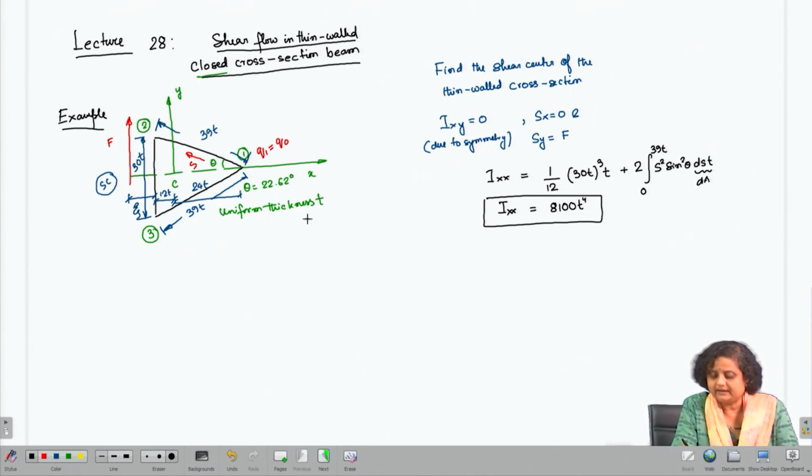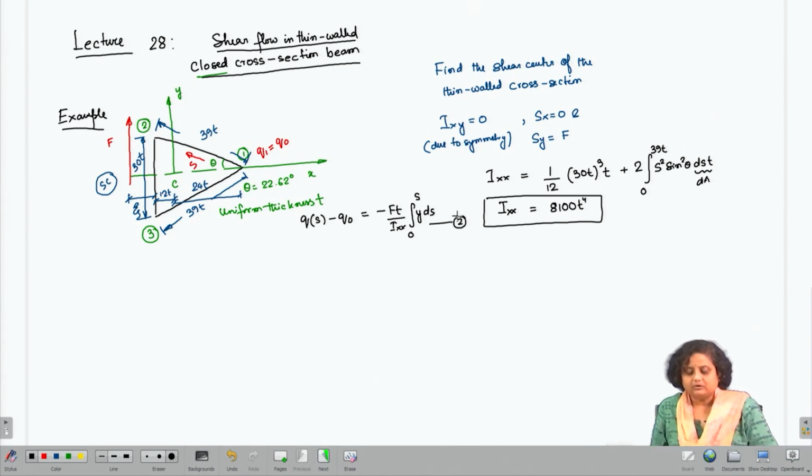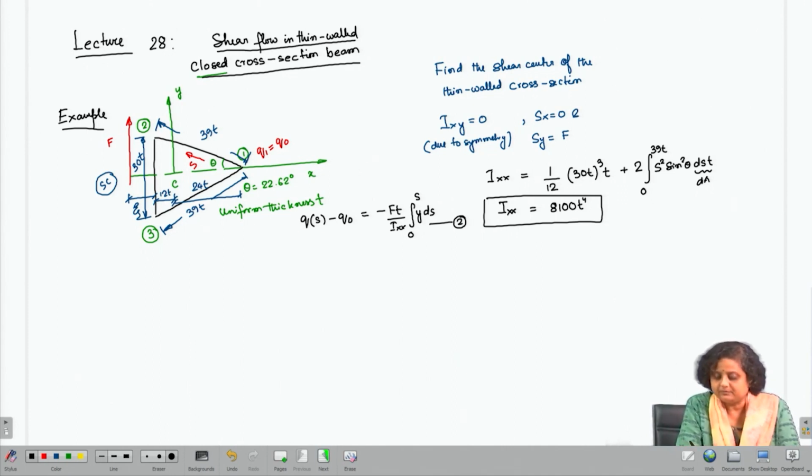So, we know that finally, we have figured out that Q s minus Q 0 is going to be minus F t by I x x into y d s. Now, let us assume that Q1 is going to be Q0. Q1 is nothing but the shear flow at 1.